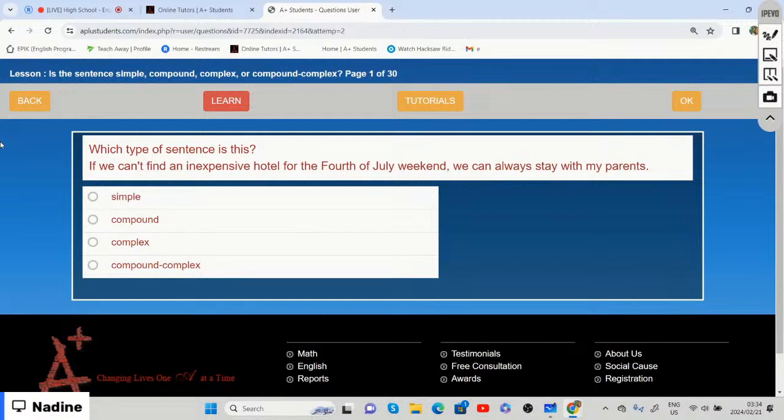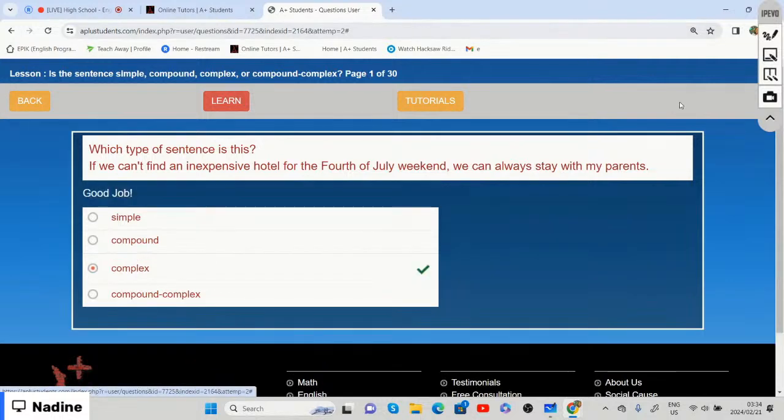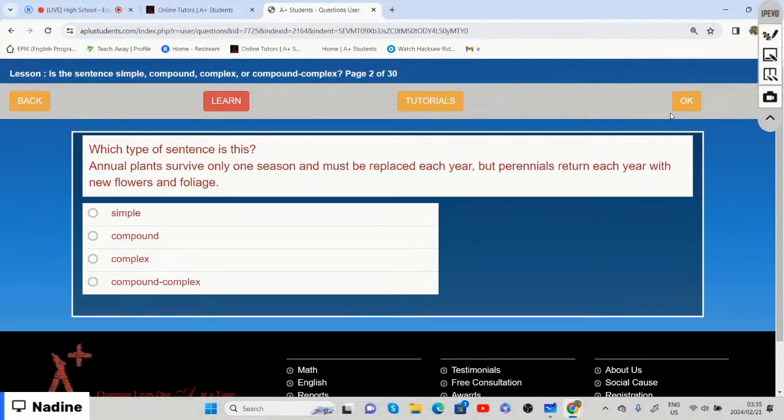We need to say if it's a simple, compound, complex, or compound complex sentence. If we look at the first word, it's if, then we can say this is a complex sentence. And a complex sentence is correct.